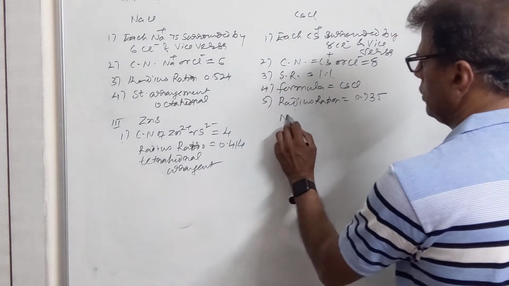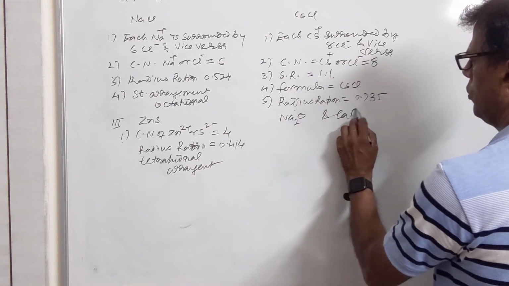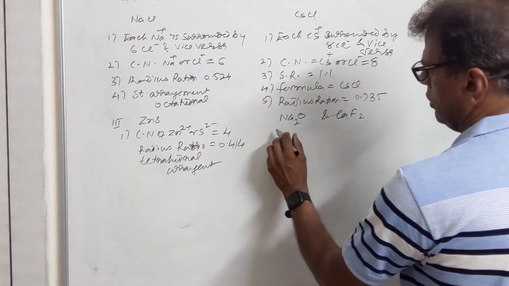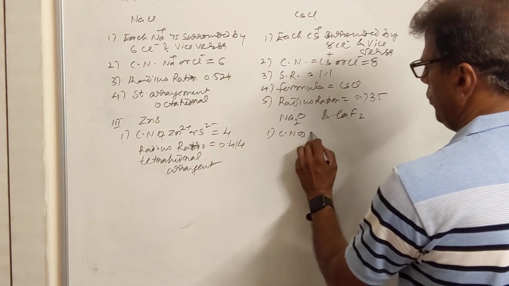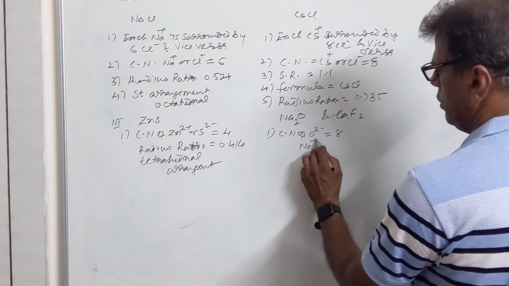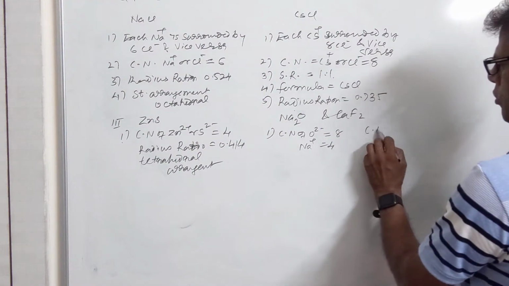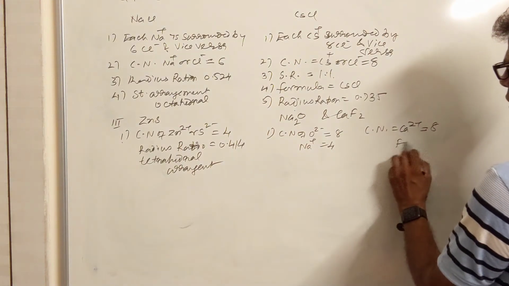Then we have Na2O and CaF2. They have similar kinds of structures. The coordination number of the oxide ion is 8 and of the sodium ion is 4. Here the coordination number of the calcium ion is 8 and of the fluoride ion is 4.